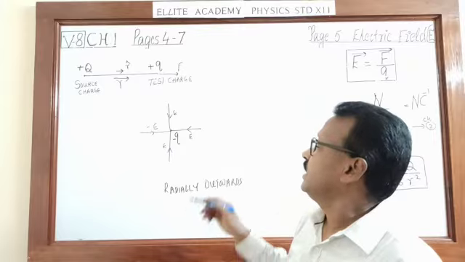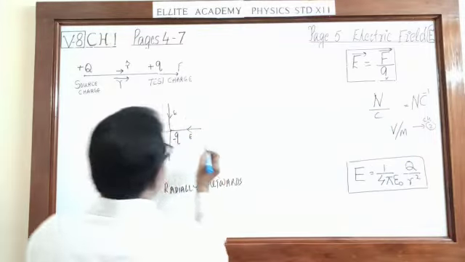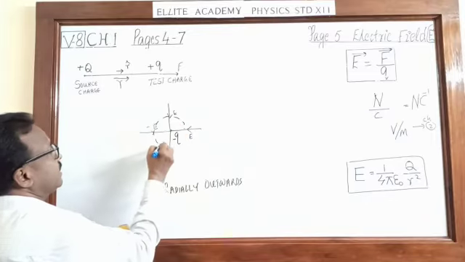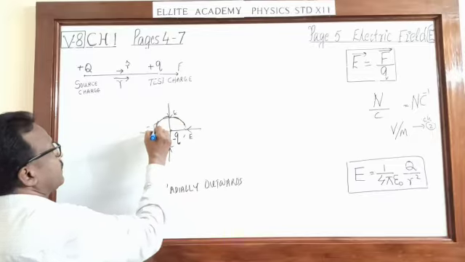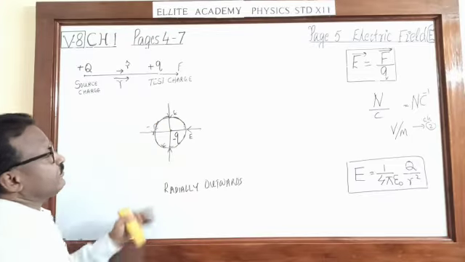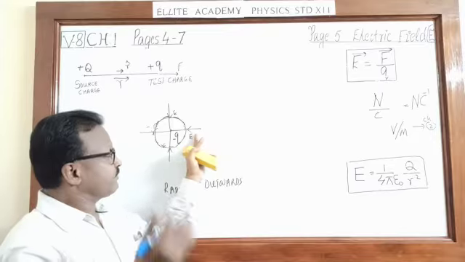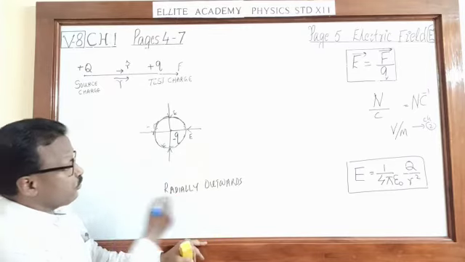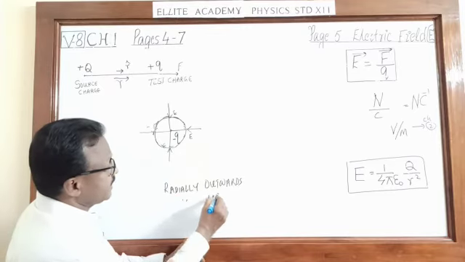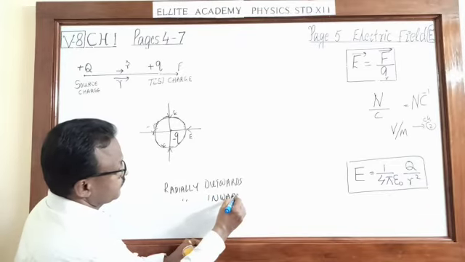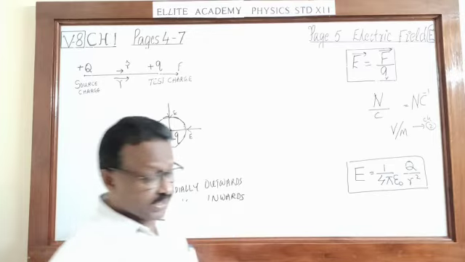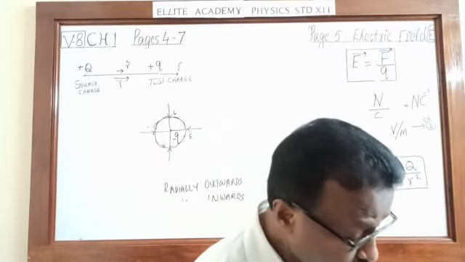Or we can say, with this as the center, if I draw a circle, then what will be the electric field? Instead of radially outwards, it will be radially inwards.